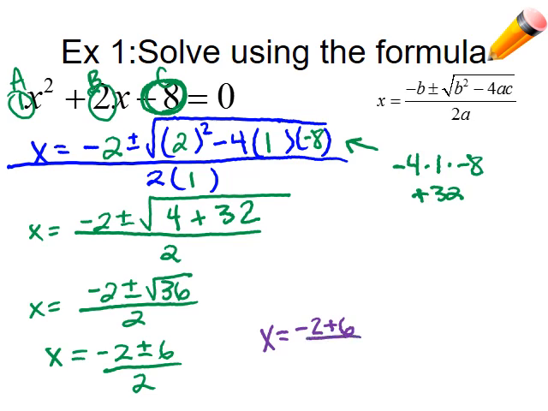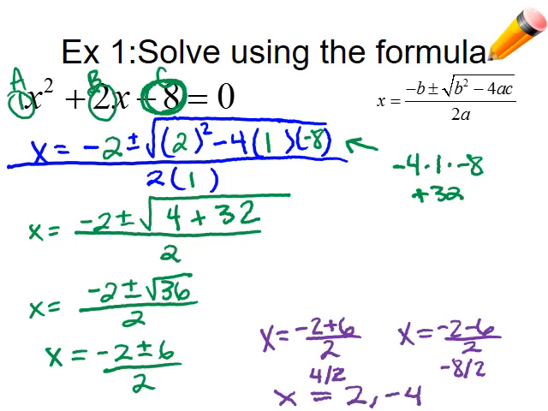I have the negative 2 plus 6 over 2, and I have the negative 2 minus 6 over 2. If I solve that, I end up with 4 over 2 and negative 8 over 2. So x equals 2 and negative 4. Those are my solutions to this quadratic.